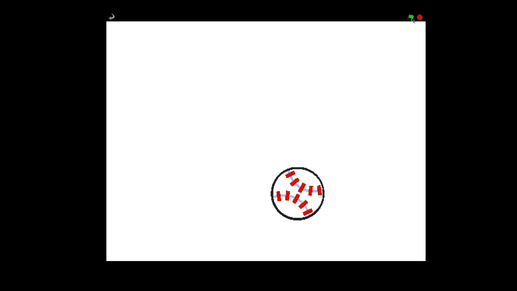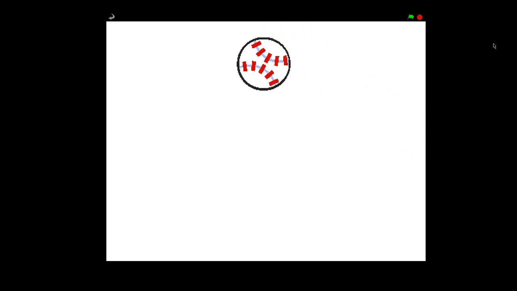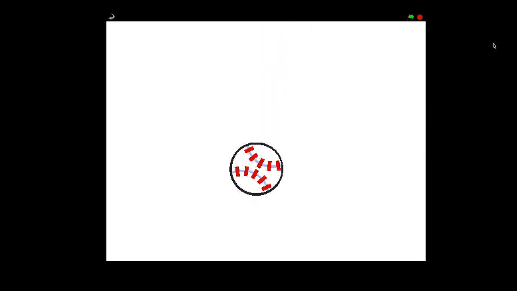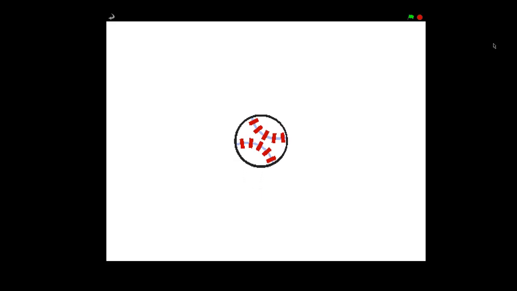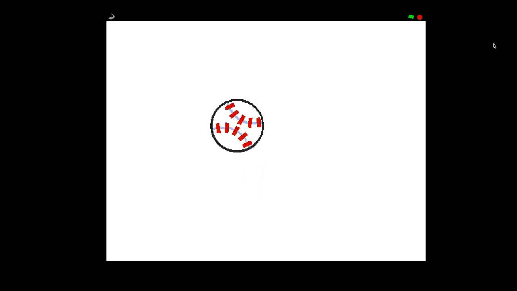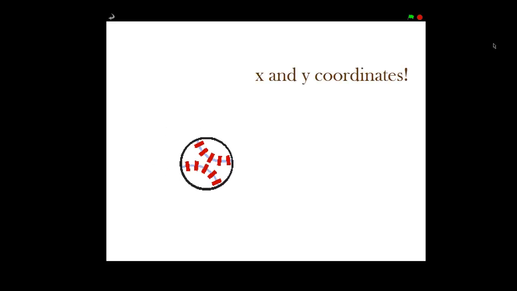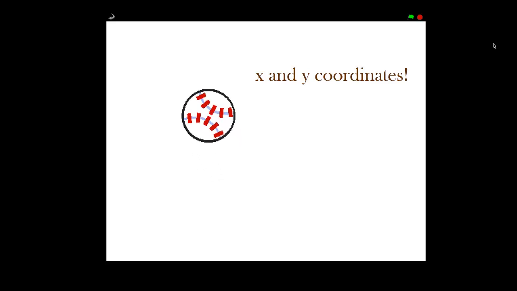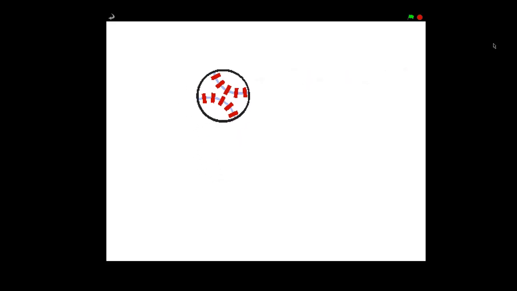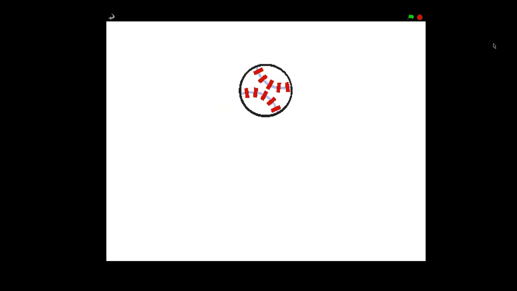Set a baseball to the center screen and then have it go home, first base, second base, third, and glide back home. You can then set it to randomly go to various X and Y axes. Can you write that program by yourself? Hit pause, and if you need a hint, we'll open up the scripts in just a second.